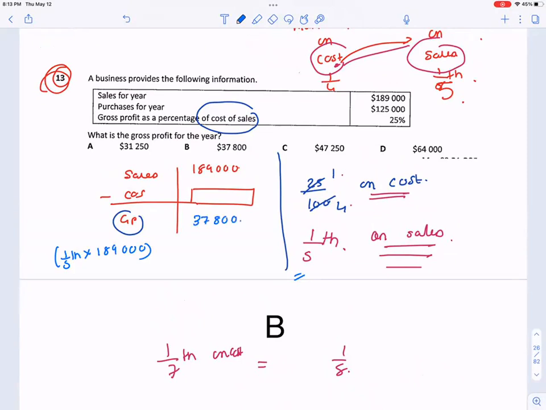What will be the cost of sales? What is your gross profit? 37,800. Are you with me?